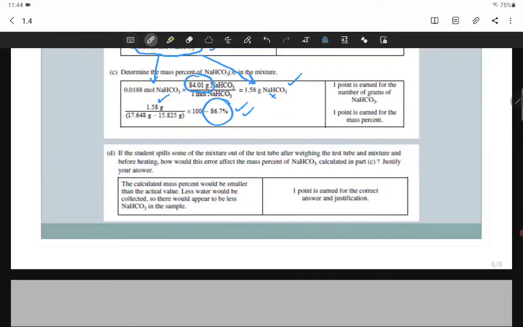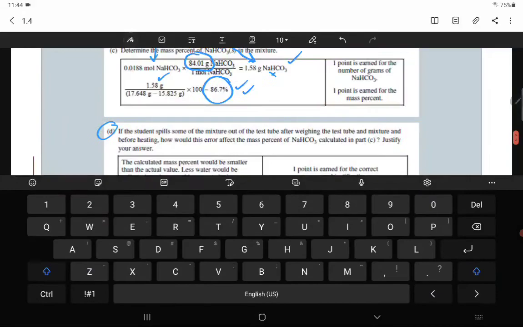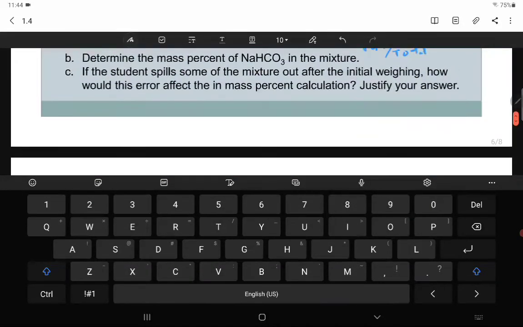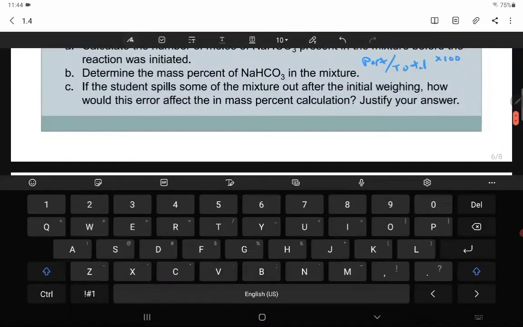Okay, so now I think the hardest thing to do is these kind of questions. And let's go back and look at the original question. If a student spills some of the mixture out after initial weighing, how would this error affect the mass percent calculations? And you have to come up with some reasoning as to why that would happen.